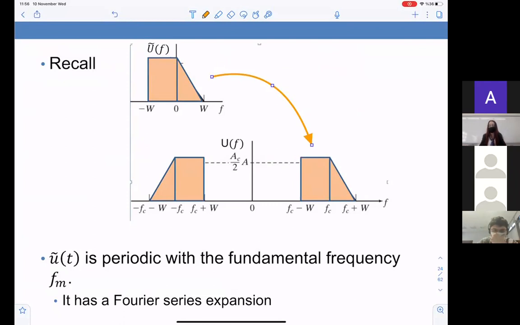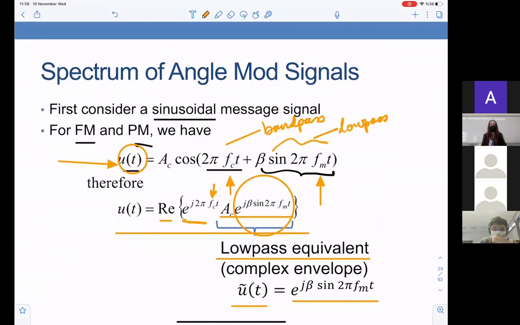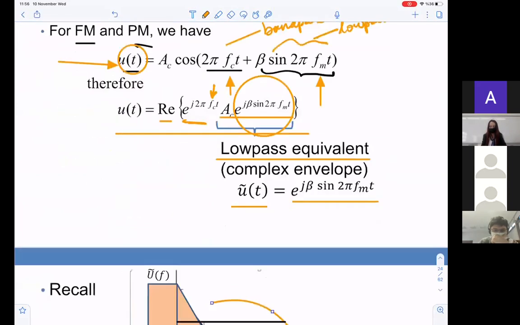And you can do the underlying mathematics. I would strongly suggest as an exercise that you write out the relationship between U of f and U tilde of f in the frequency domain, because we did this in the time domain.